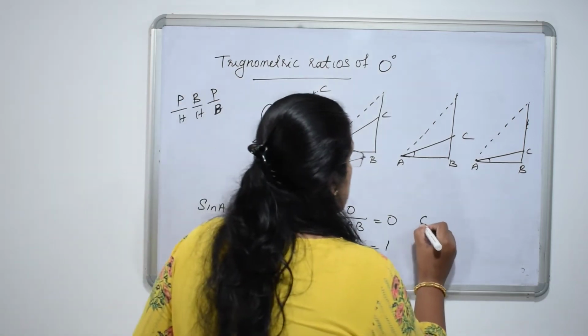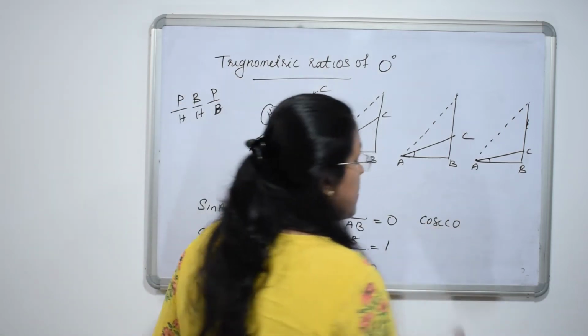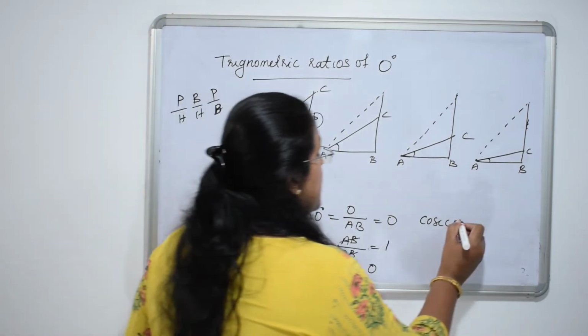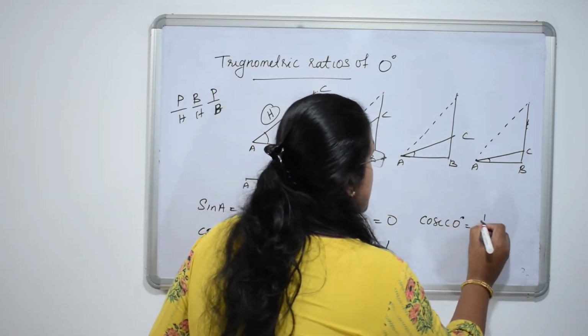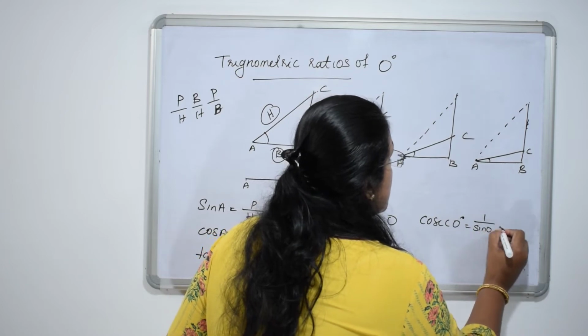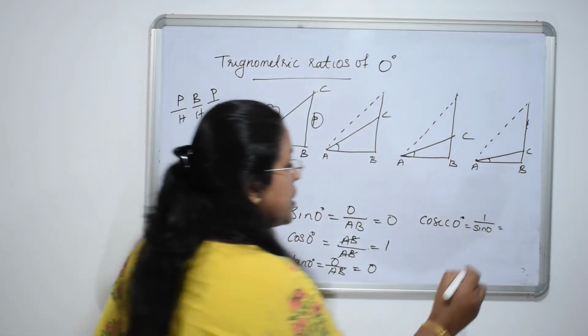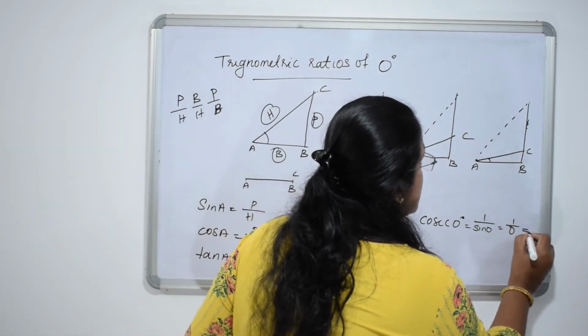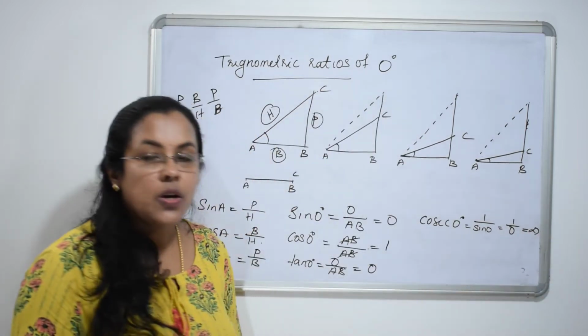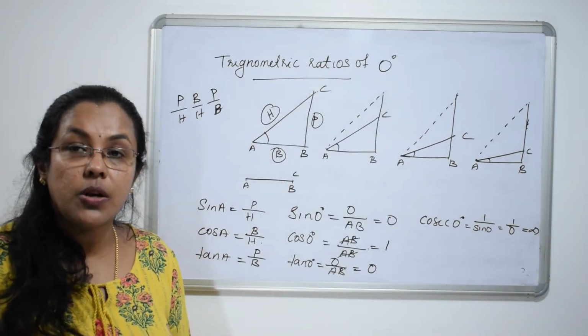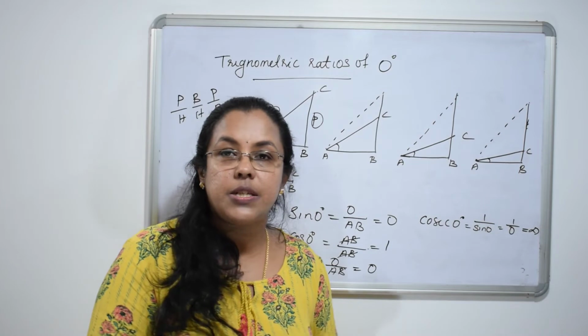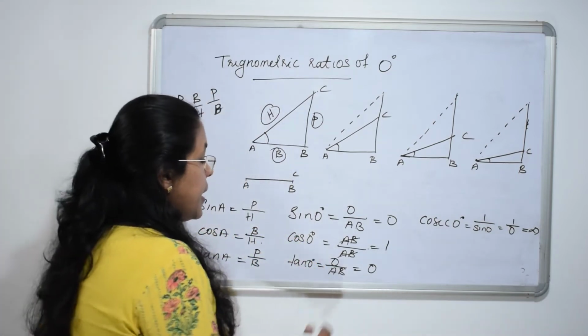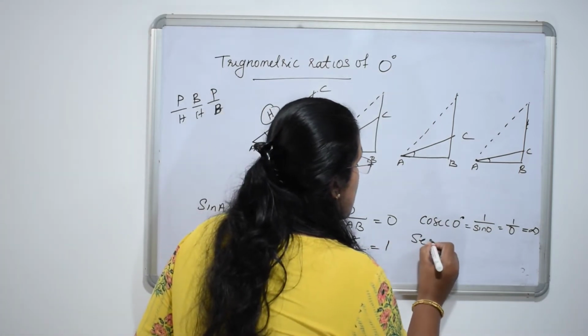So what about cosec 0? Cosec 0 is equal to 1 upon sine 0, that is 1 by 0, which is not defined. We can write it as infinity or not defined. Then what about sec 0?